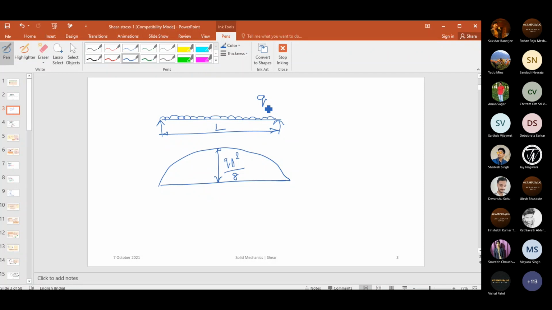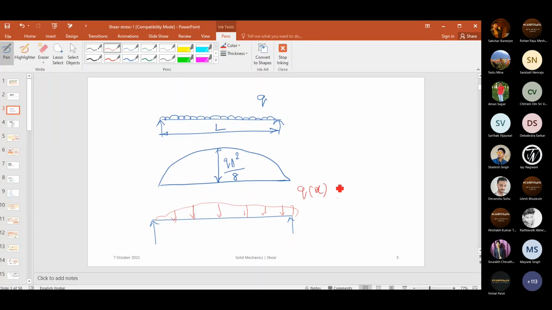But now my q of x in the second problem, sorry, this is also a uniformly distributed load, but my q is a function of x.